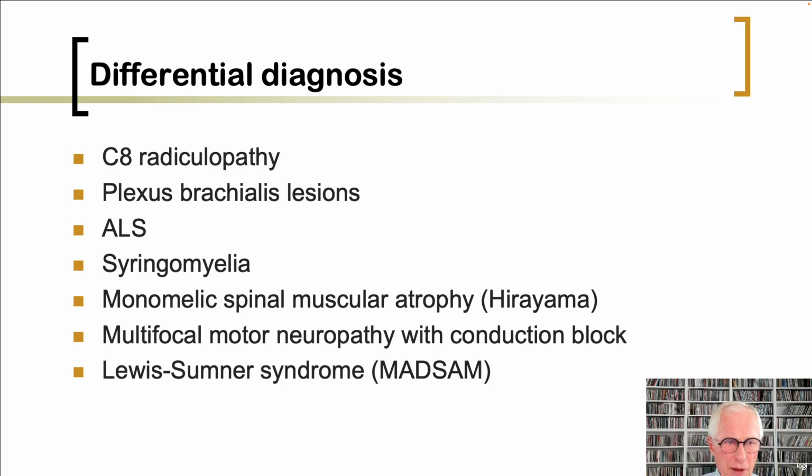With plexopathies, if you have Parsonage-Turner syndrome or a compressive neuropathy in the brachial plexus, very often you have pain. ALS shows no sensory abnormalities. Syringomyelia may be a little bit tricky, but again, it's more widespread than ulnar neuropathy.